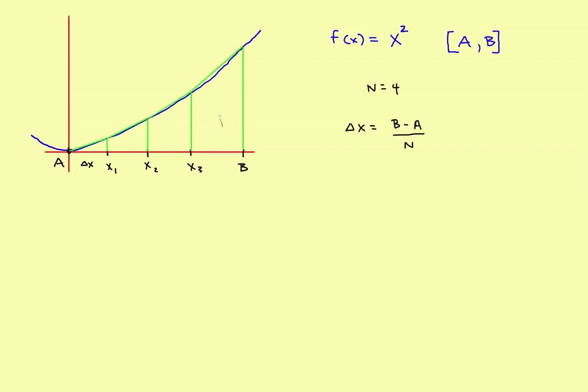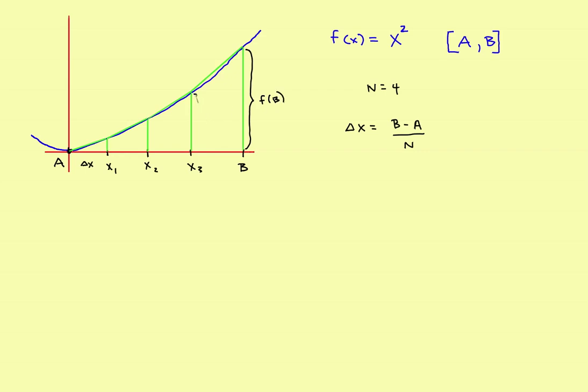Now, just a reminder, what each one of these are going to be. Let's take a look at the height of each one of these. The height of this side right here, from here to here, is going to be f evaluated at b.